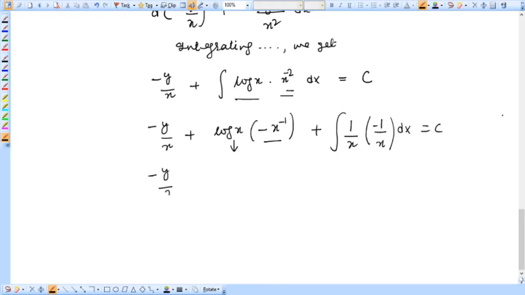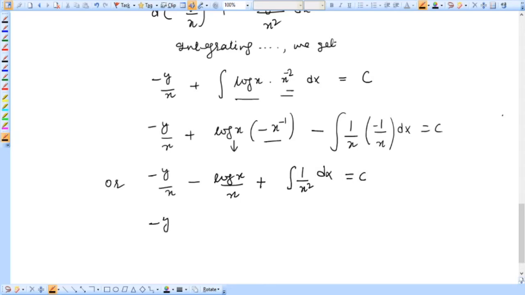So rewriting these terms, taking out the minus sign, we get minus log x over x, and after this it becomes plus, leaving 1 over x square dx equal to a constant of integration.